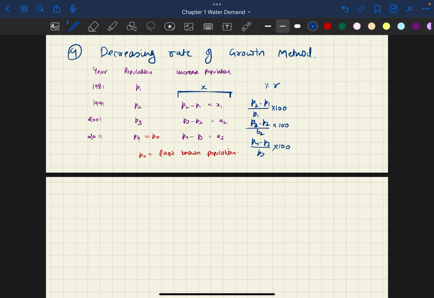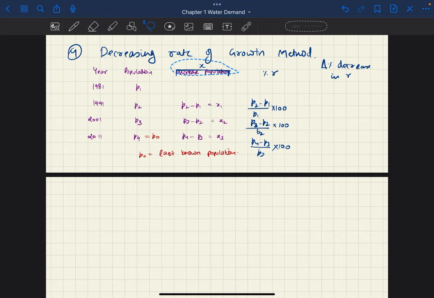Now the percentage decrease in value of r. So let me write it somewhat here. This comes here and this comes here. Okay, this will be blank, this will be blank, this will be blank, and this will also be blank because we have to calculate the difference.